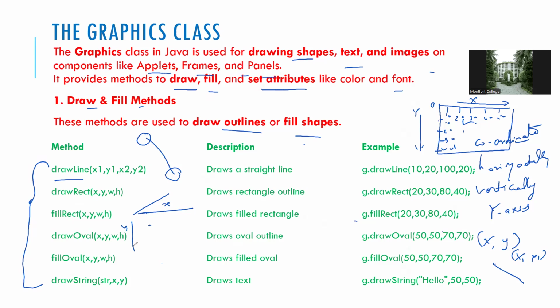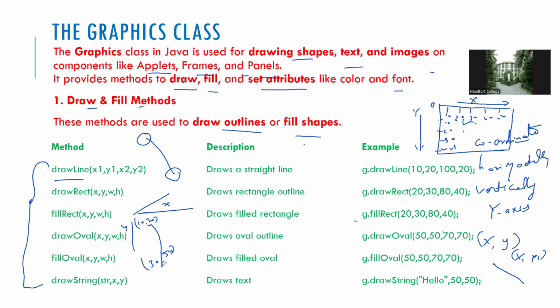So two coordinates, two numbers, for example 10 comma 20. And the second point needs two coordinates, that may be like 30 comma 50. So two points we have, and the line will be drawn.